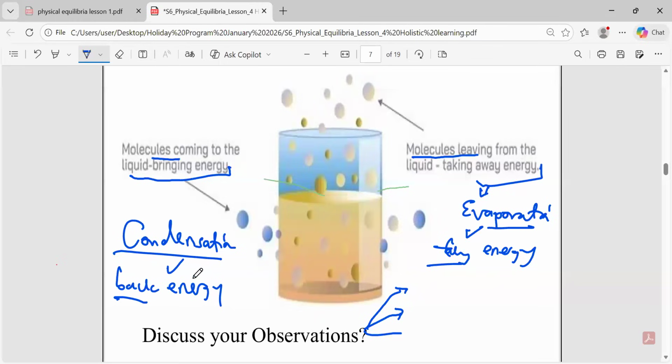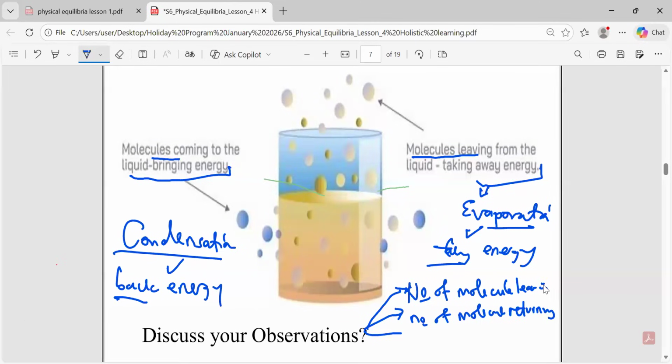Now, meaning in this case, maybe if I can just write something here, the number of molecules which are leaving is equal to the number of molecules which are returning.